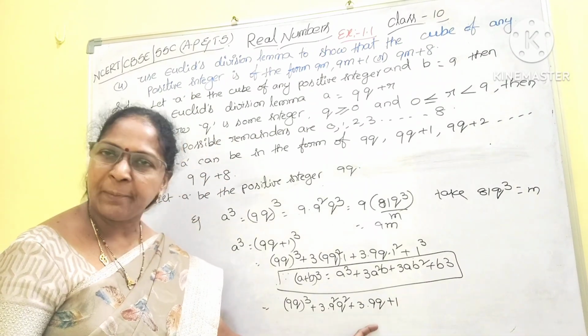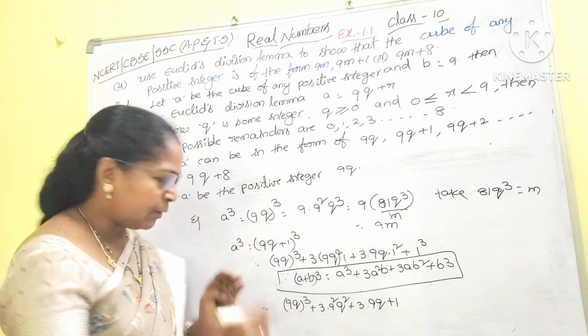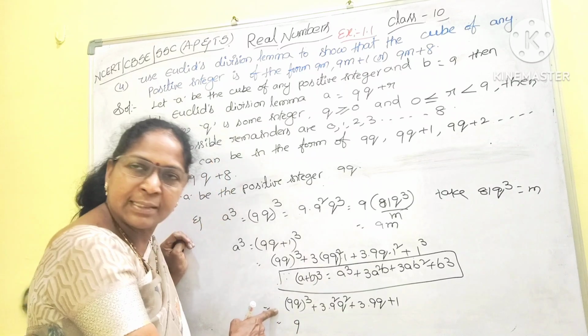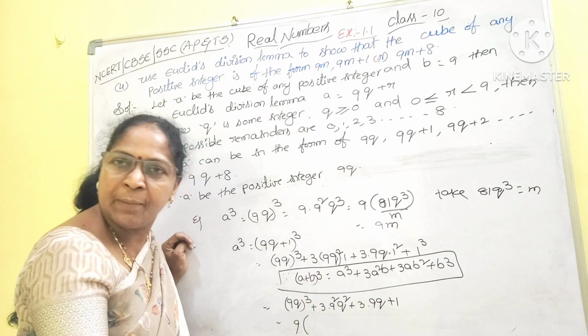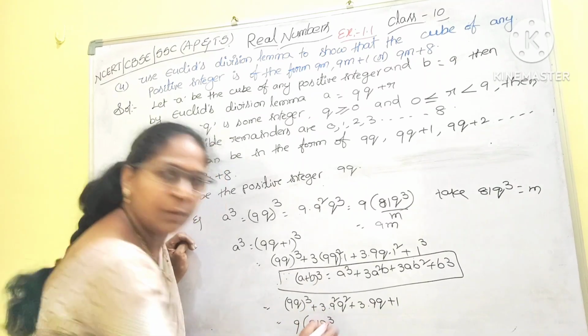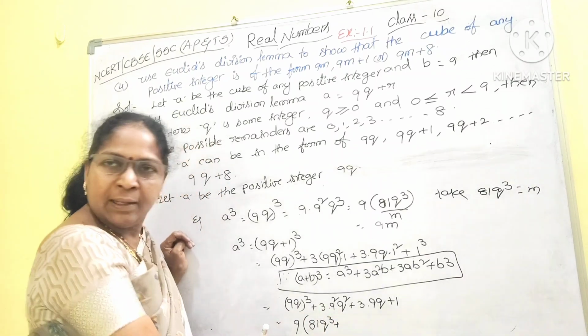No need to multiply here. Why? Because you have to show it in terms of multiplication of 9. So here you take 9 as common, and the remaining 9 square is the remaining value. 9 square is nothing but 81Q cube, plus 9, one 9 already left out.